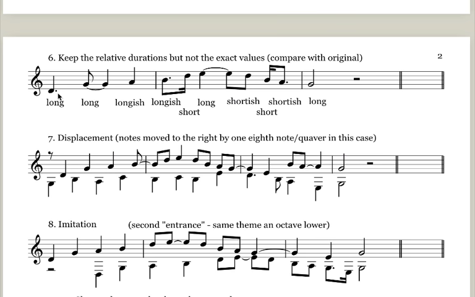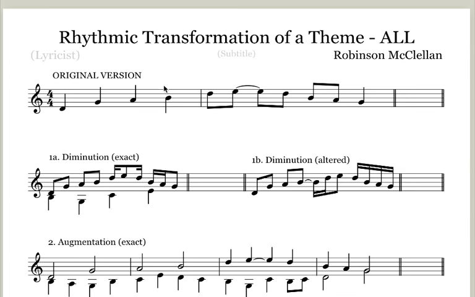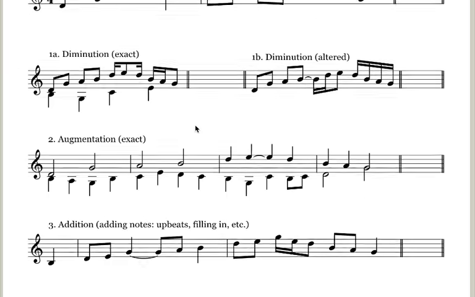We have a dotted quarter, which is a little longer than a quarter note, then a tied eighth a quarter, which is again the same as the first duration, then a regular quarter, which compared to these two is long-ish, then a dotted eighth, which is now shorter than a quarter note, but a little bit longer than an eighth.